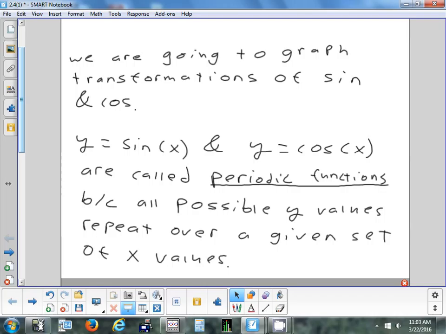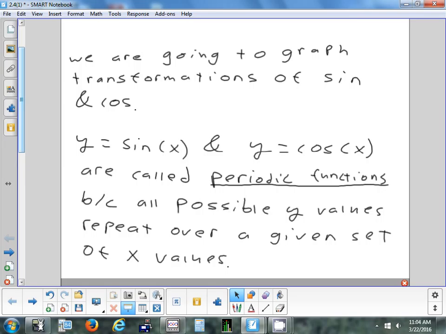So periodic functions repeat themselves. And there's a certain number of x values we have to go through before it'll start repeating itself.